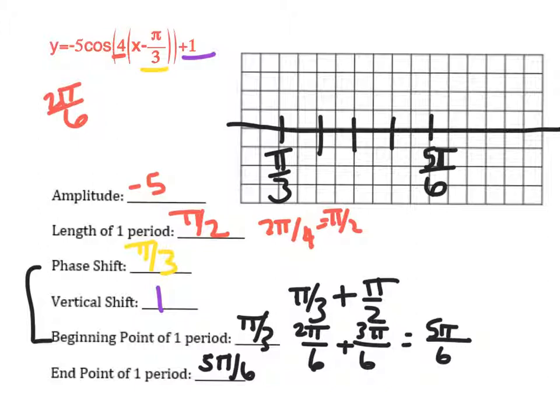So when I want to find an average, 2 pi over 6 plus 5 pi over 6, divided by 2, I'll see if I can have the space down here. So 2 pi over 6 plus 5 pi over 6 divided by 2 is going to give me 7 pi over 6 divided by 2, which is going to be 7 pi over 12.